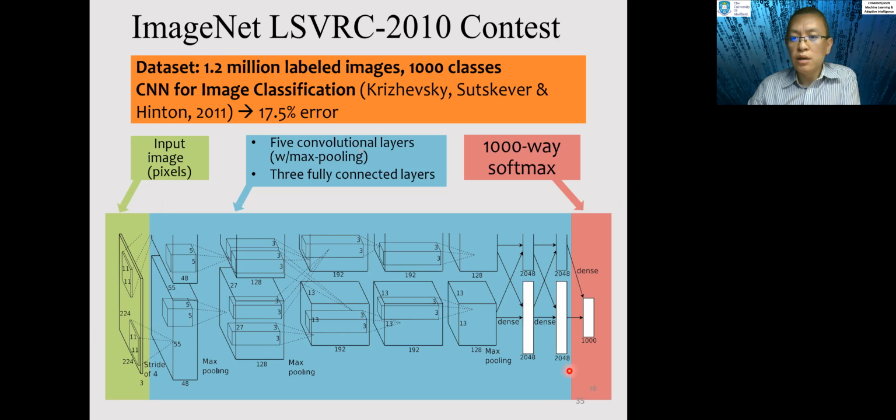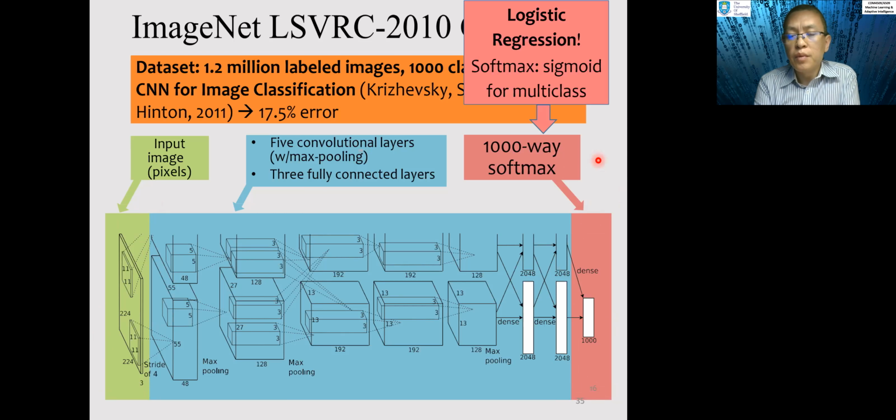And we look at the last unit over here, which is basically the softmax of 1,000 classes. That is 1,000-class multi-class classification. So this softmax is basically the extension of sigmoid for multiple classes. So for this particular layer over here, this is actually a logistic regression model.